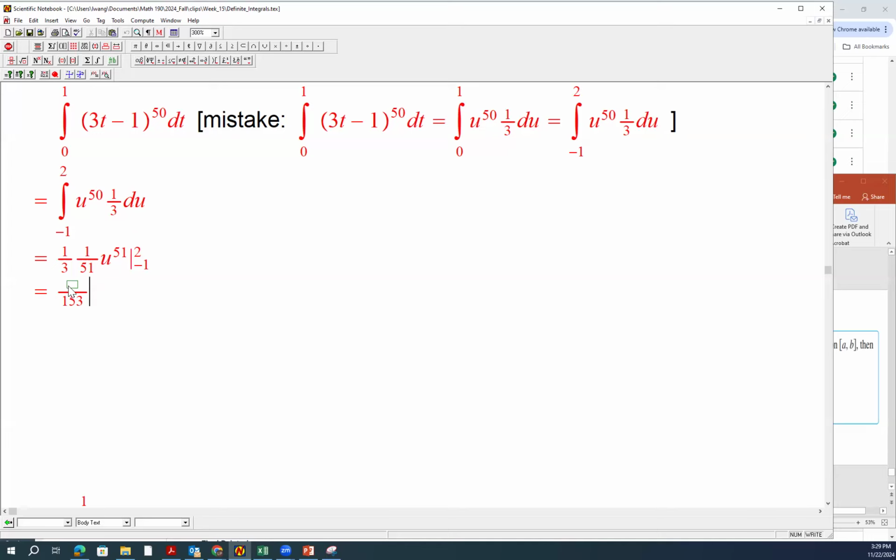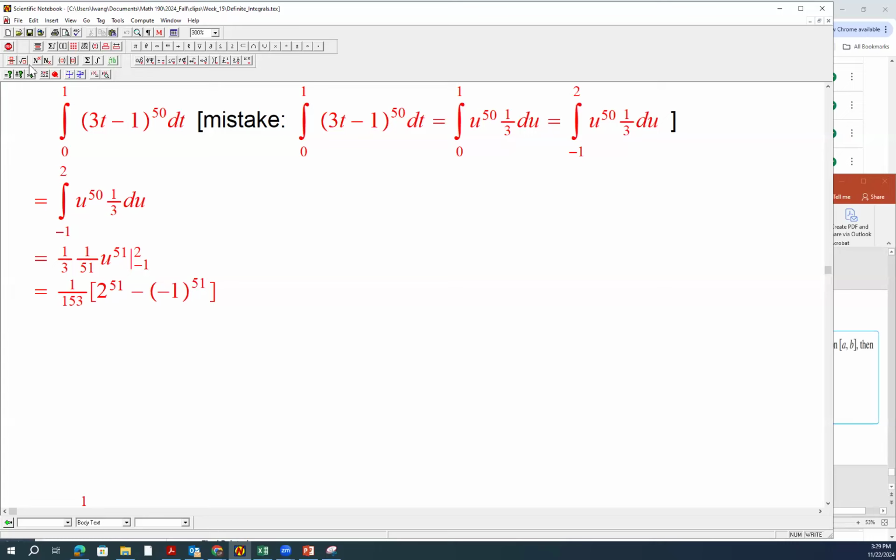And u raised to the power of 51. Okay, I'm going to show you. You plug in u with 2 raised to the power of 51, subtracting -1 raised to the power of 51.